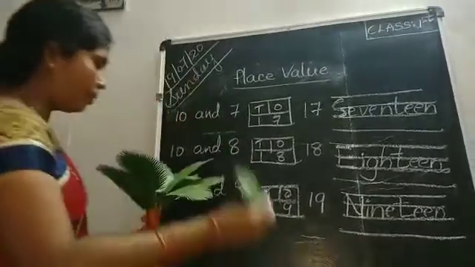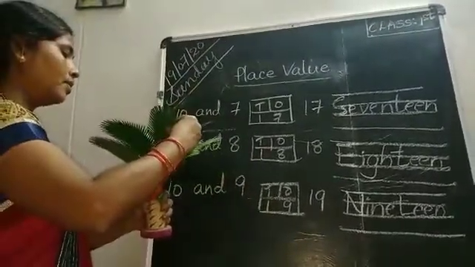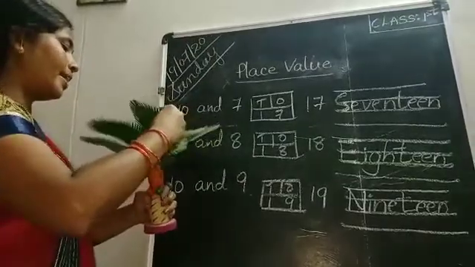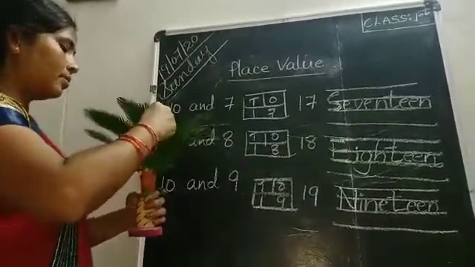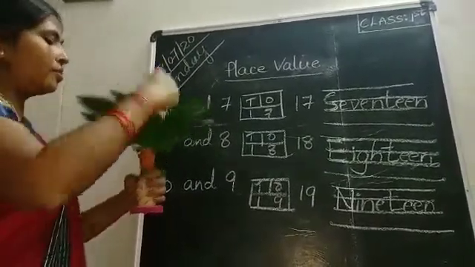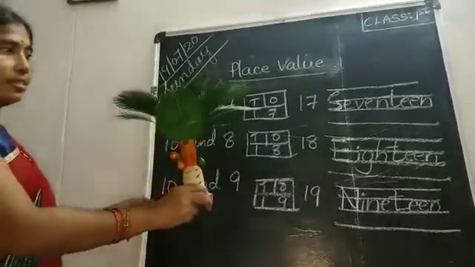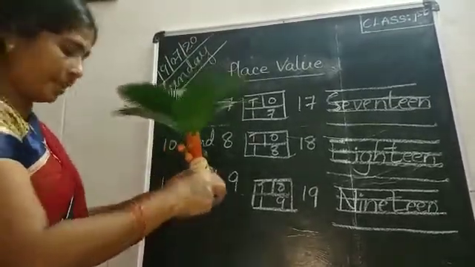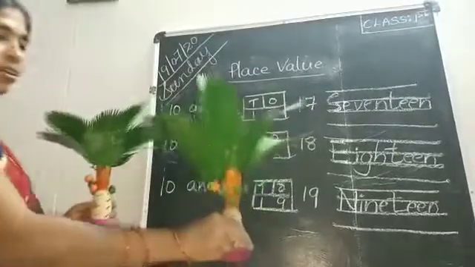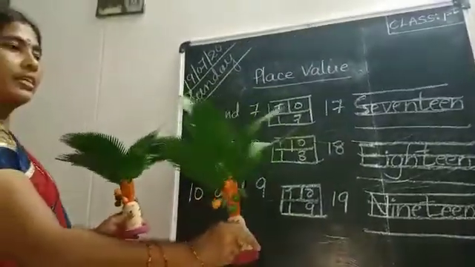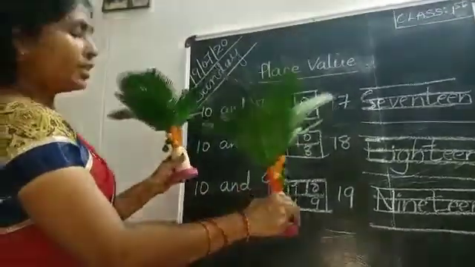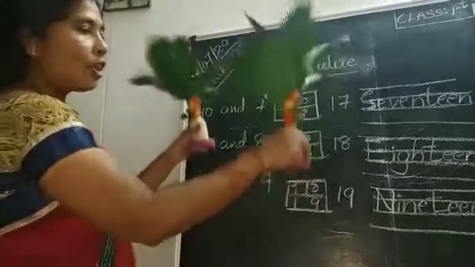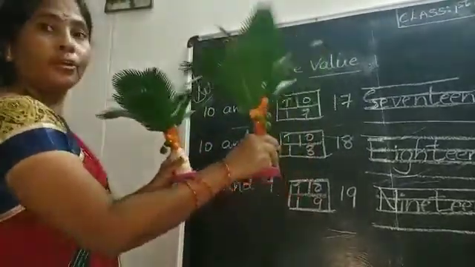Now see again one more. Now 10. It is a 10. See, this is also 10. Here one 10 and this one also 10. Now how many tens are there? 2 tens.